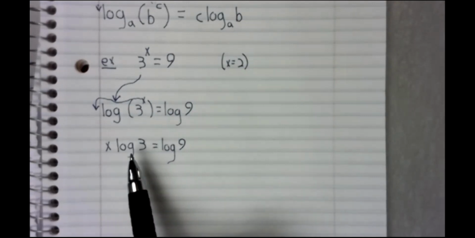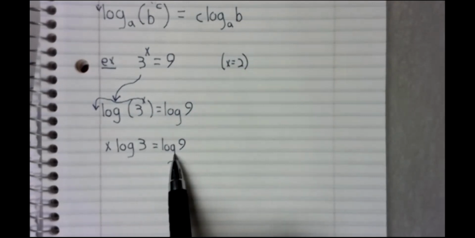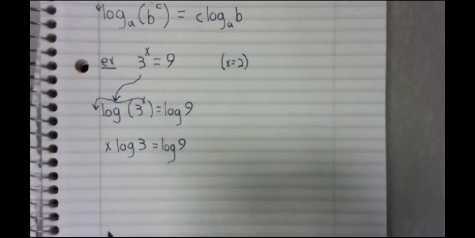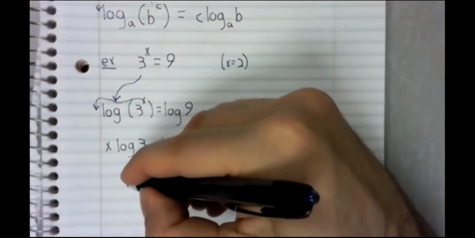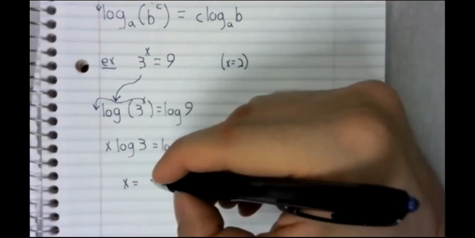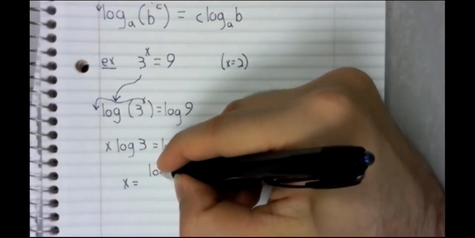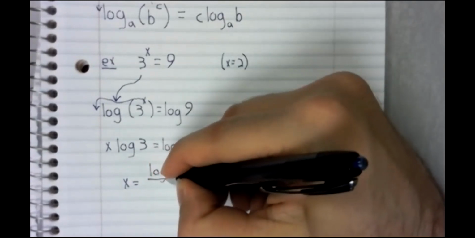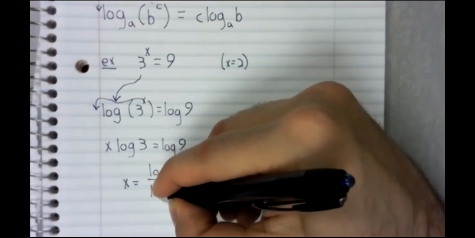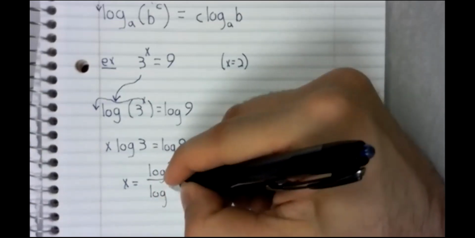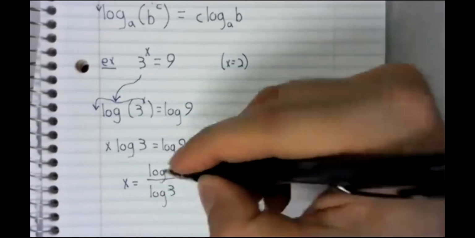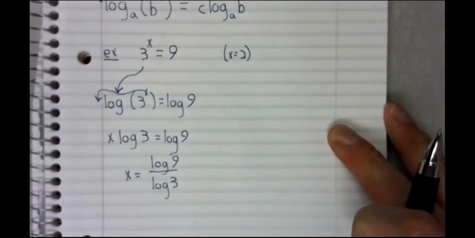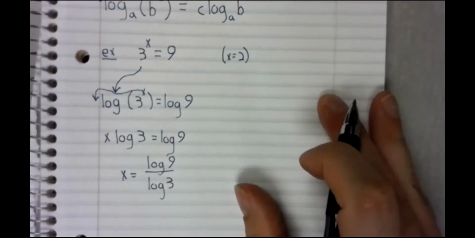X times a number equals a number. X is the common logarithm of 9 divided by the common logarithm of 3.